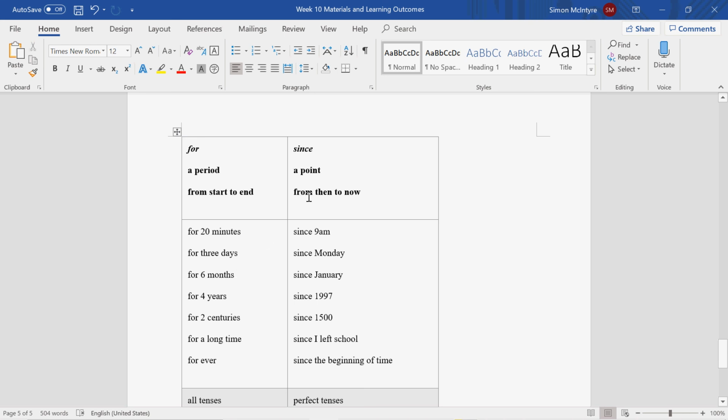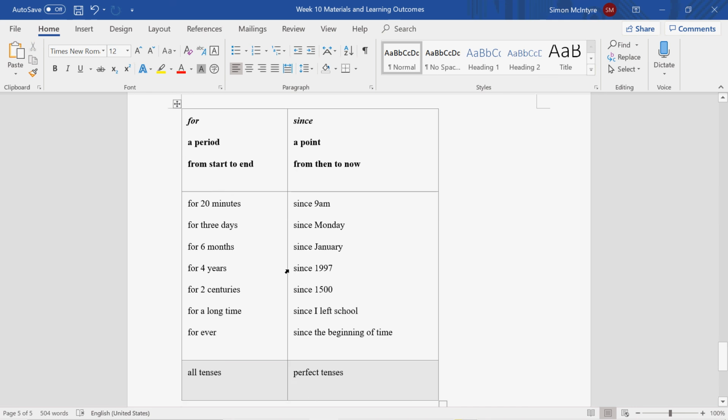Since is only from a point of time. I have been in the library since 9 a.m. I have been awake since 9 a.m. Korea has been free of Japanese occupation since 1945. Like that. A point in time.